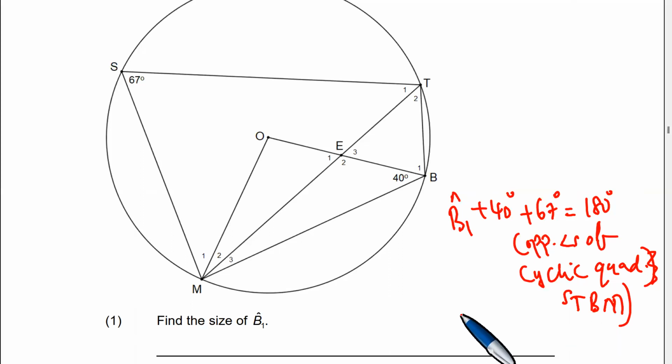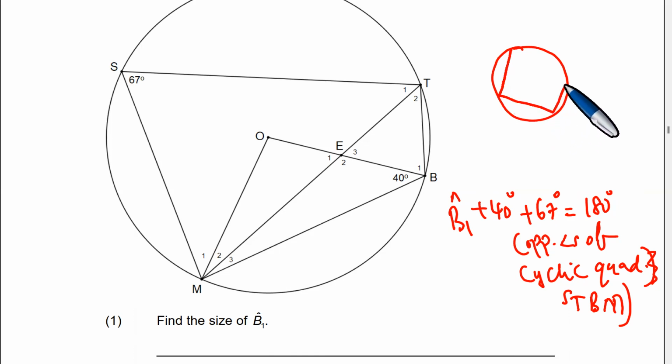Sir, if we don't have to be told that the shape inside a circle is a cyclic quad, so if we see that it's got four sides and it's in the circle, it's automatically a cyclic quad? Yes, thank you so much for mentioning that. Because the vertices already lie on the circumference of the circle, it is by definition a cyclic quad. That's why I'm mentioning STBM, because it can raise questions if we don't mention that.